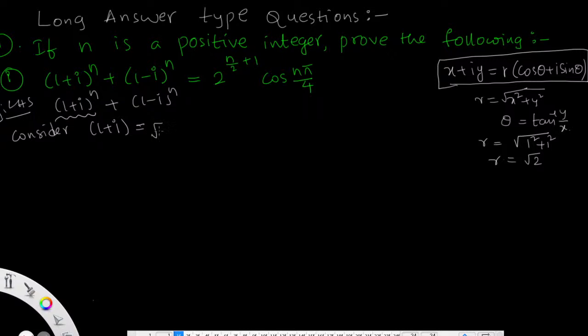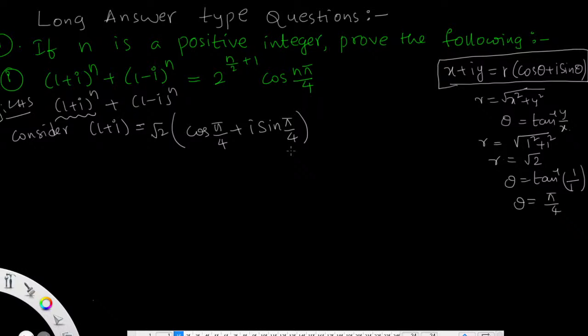Theta is tan inverse of y by x, where y is 1 and x is 1, that is tan inverse 1, which is pi by 4. So theta equals pi by 4. We write root 2 into cos pi by 4 plus i sin pi by 4. This is the modulus amplitude form of the complex number.